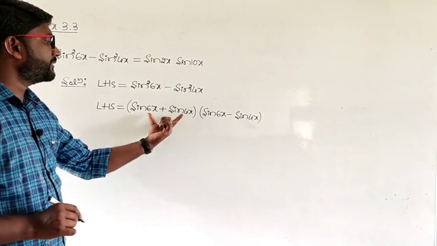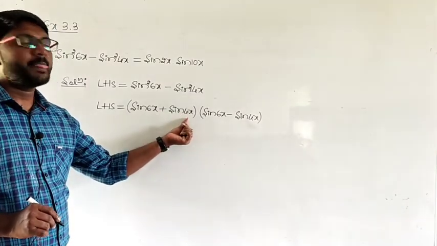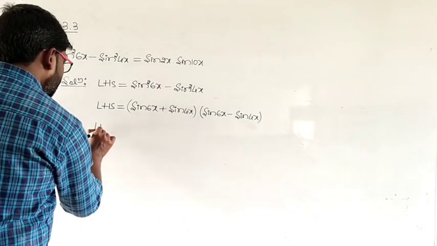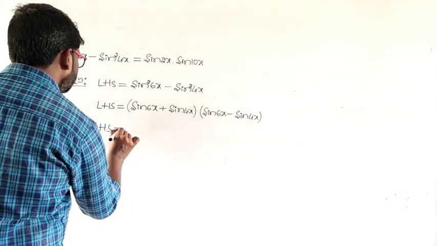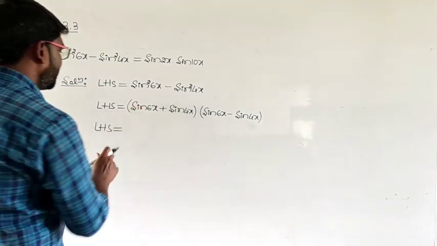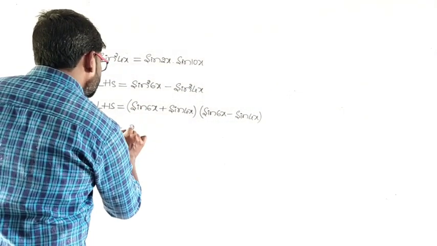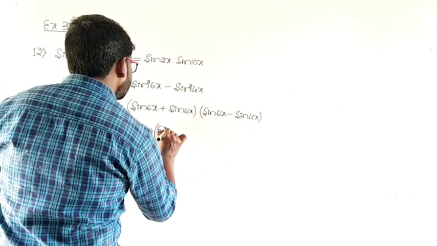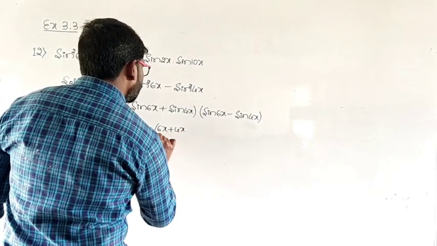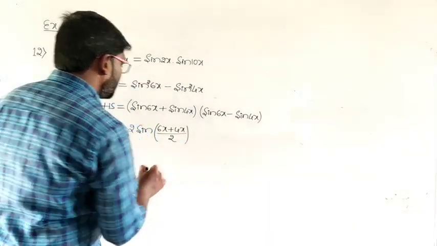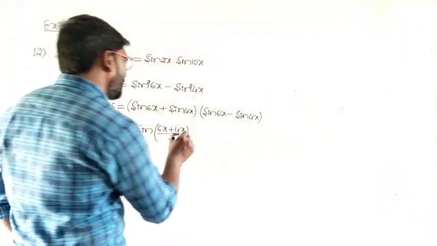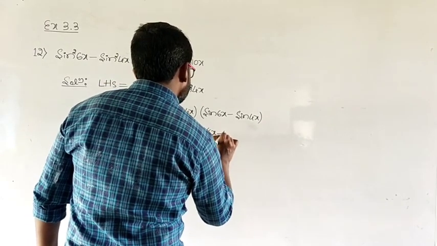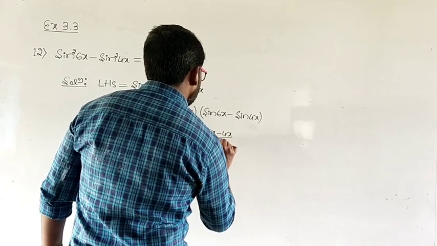Now this is in the form of sin x plus sin y, and this is sin x minus sin y. See here, LHS equals sin x plus sin y, which is nothing but 2 sin x plus y by 2, it is 6x plus 4x divided by 2, into cos x minus y by 2, that is 6x minus 4x divided by 2.